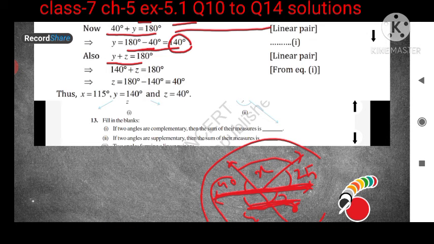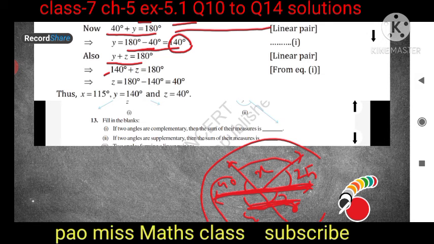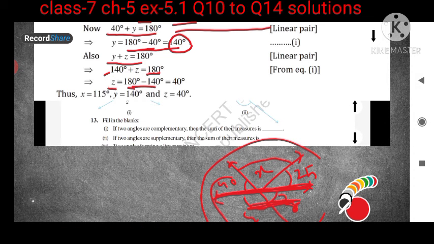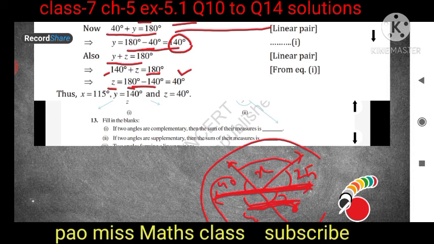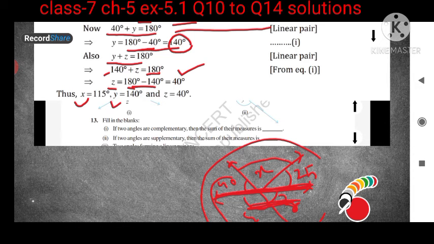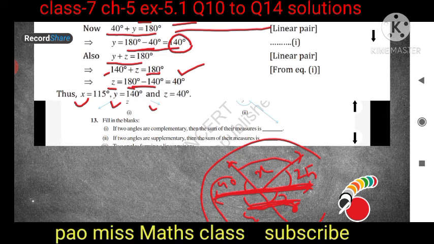This value we will put here. 140 plus z is equal to 180. Now z equal to 180 minus 140 is equal to how much? 40 degrees. So z equal to 40 degree. X equal to 115 and y equal to 140 and z equal to 40 degree. Understood? Hope you have understood.